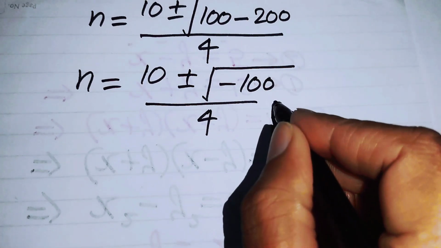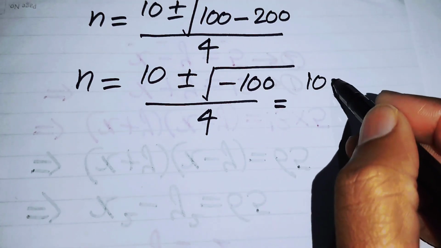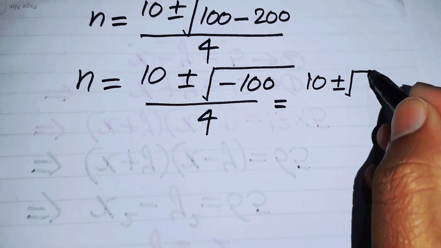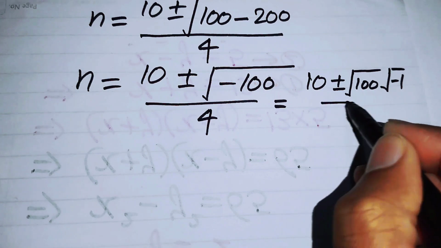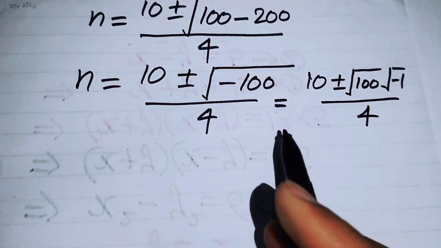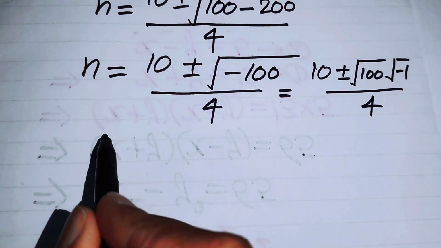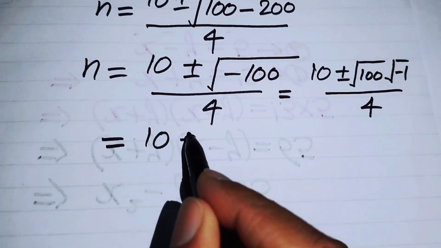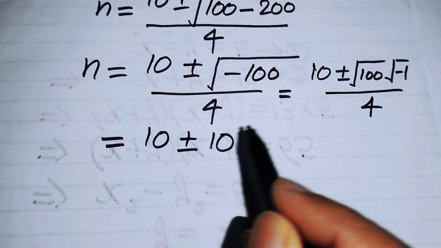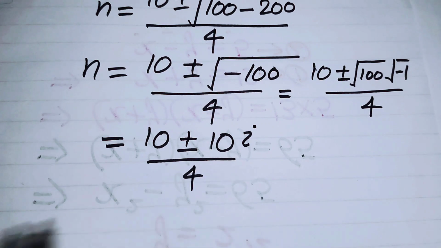So here we write this term as 10 plus minus square root of 100 into square root of minus 1, over 4. You see here the square root of 100 equals 10. We know that the square root of 100 is 10, and you get 10 plus minus 10 into, and square root of minus 1 equals iota, and this whole over 4.